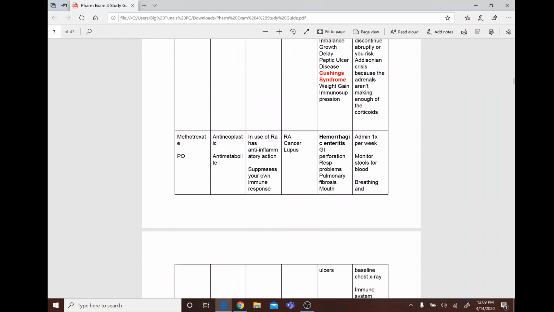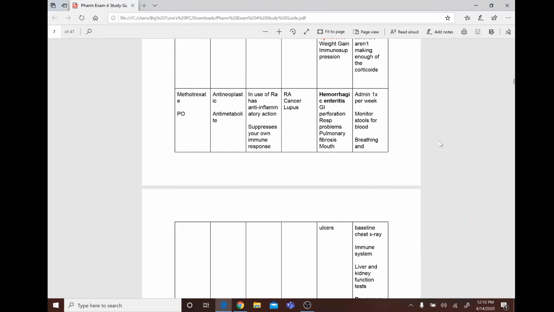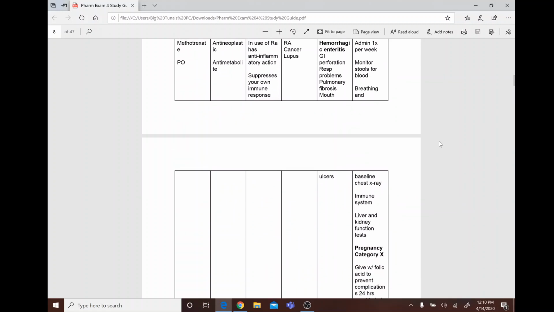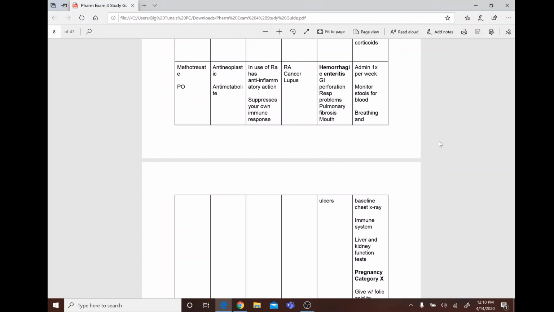All right, how do we give methotrexate? PO. What is the therapeutic class of methotrexate? Antineoplastic. What is the pharmacologic class of methotrexate? Anti-metabolite.